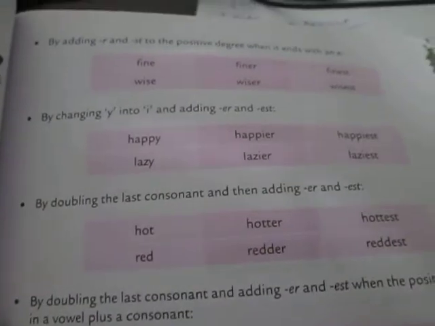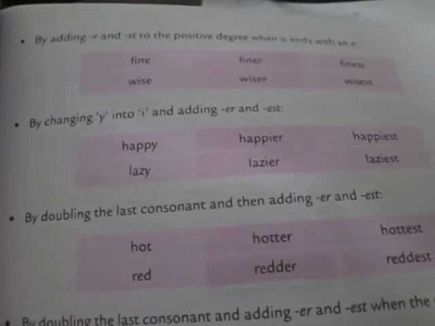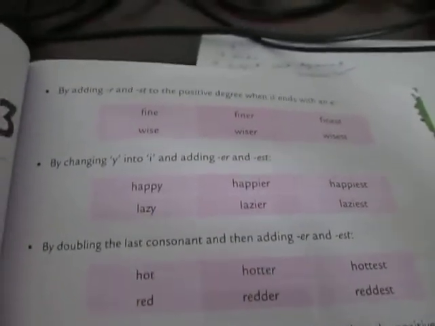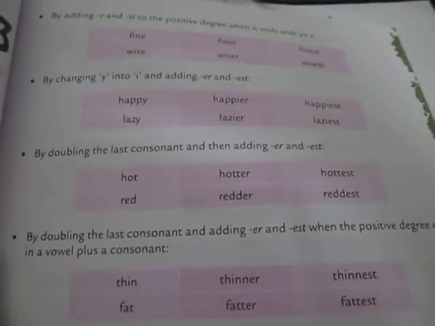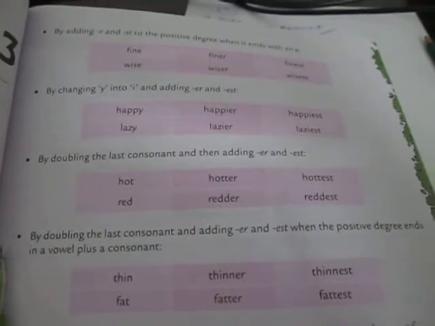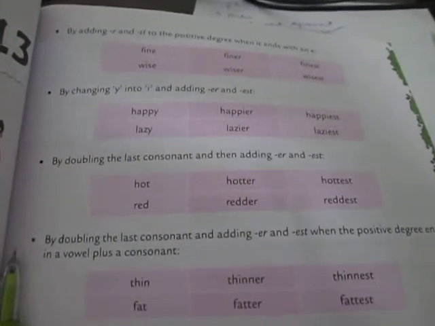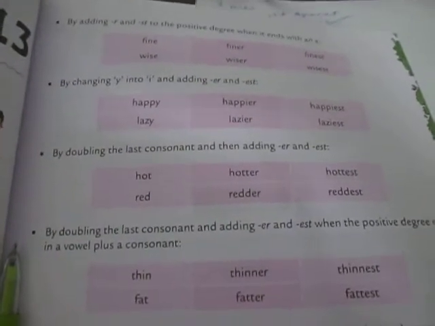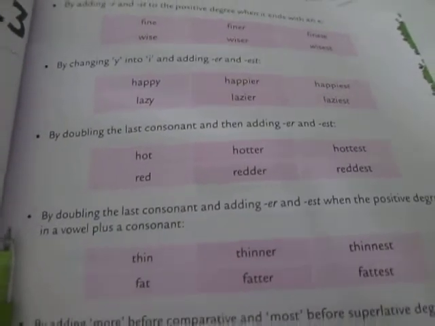By doubling the last consonant and then adding "er" and "est": hot, hotter, hottest, red, redder, reddest, right? Now by doubling the last consonant and adding "er" and "est" when the positive degree ends with a vowel plus a consonant: thin, thinner, thinnest, fat, fatter, fattest, right?